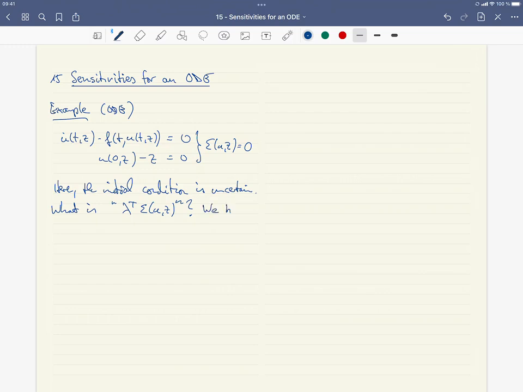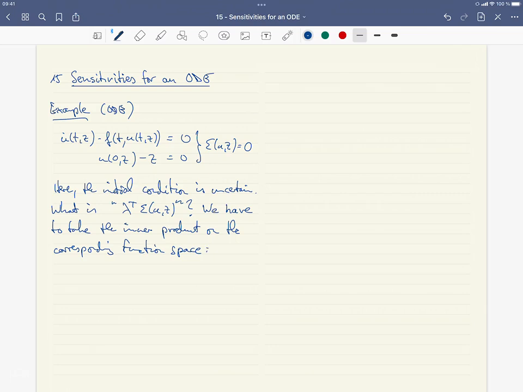So that's the answer. We have to take the inner product on the corresponding function space, and that's now the integral of the product.